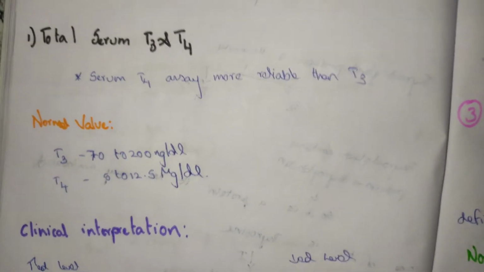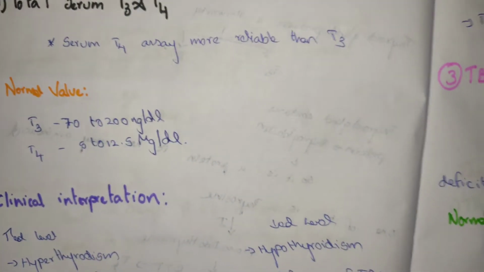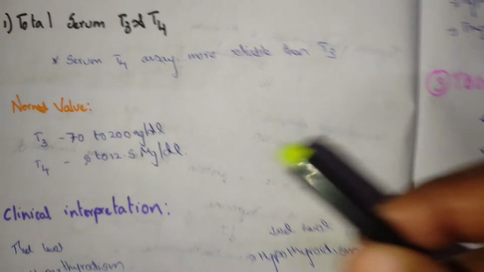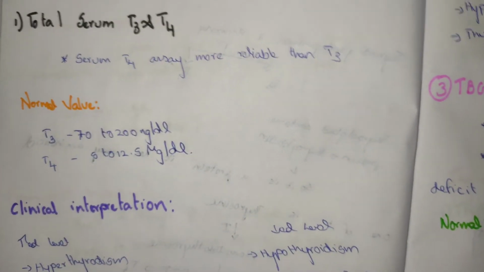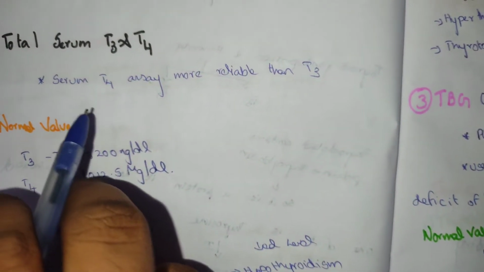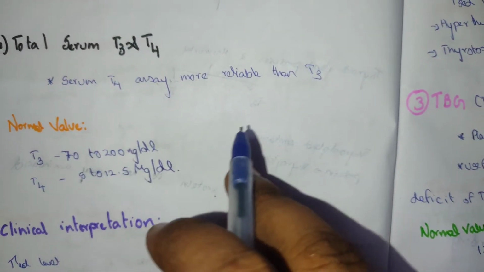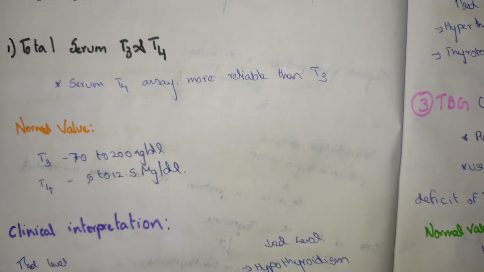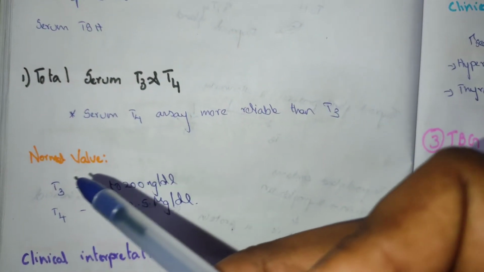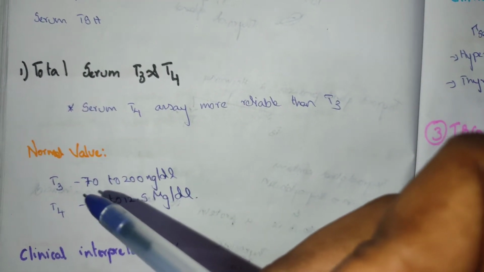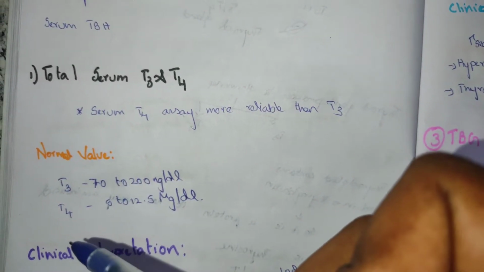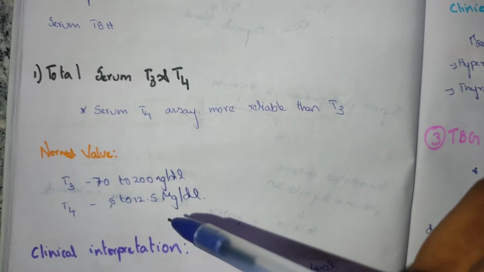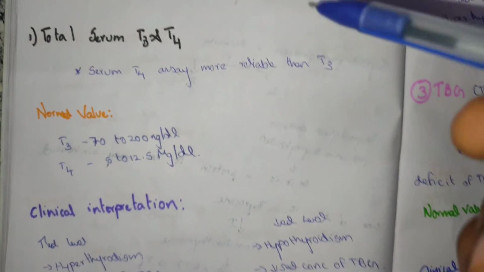Now we will see the first in vitro test, which is total serum T3 as well as T4 level. The serum T4 assay is more reliable than T3. The normal value of T3 is 70 to 200, and T4 is 5 to 12.5 microgram per deciliter.